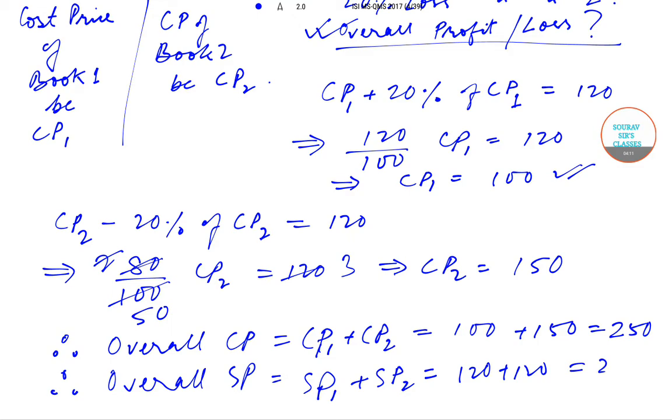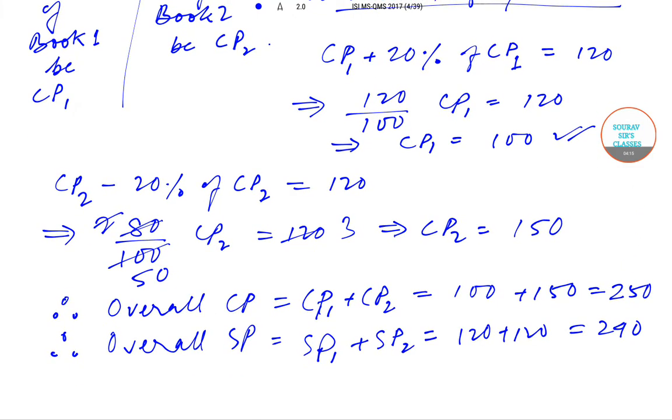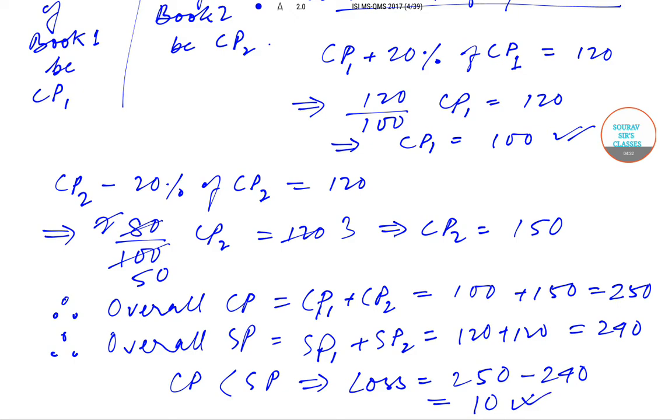So that is equal to 240 rupees. So here we are saying the cost price is more than the selling price. So this implies that there is a loss. The cost price is 250 and the selling price is 240. So the loss is equal to 10. So overall he made a loss of rupees 10, and this is option B.